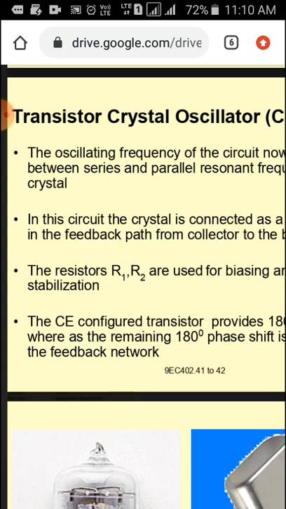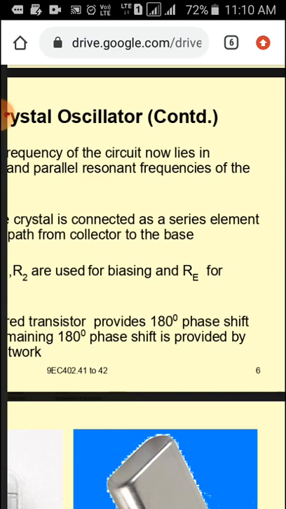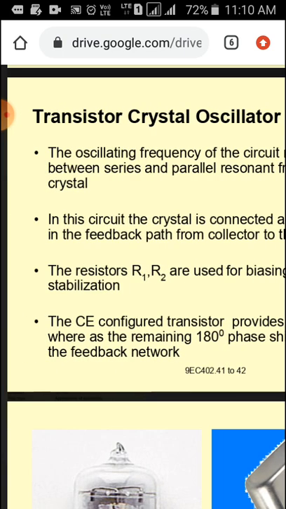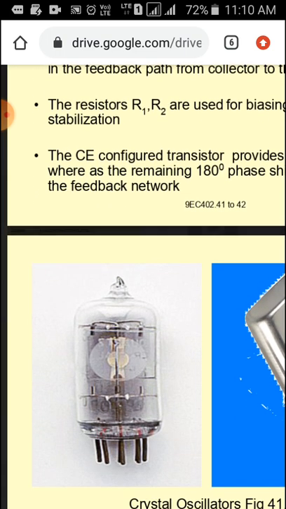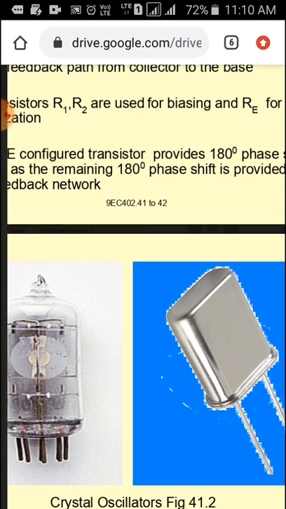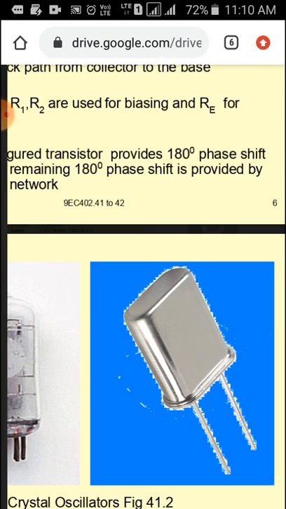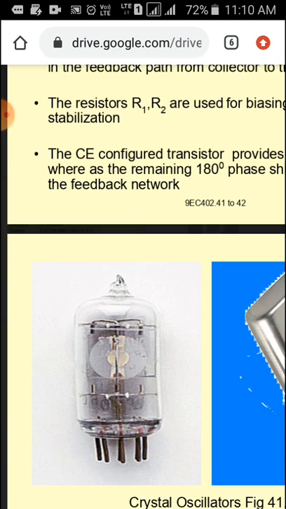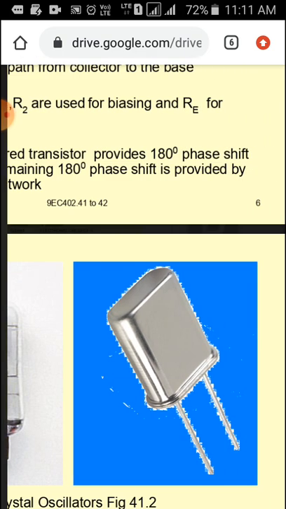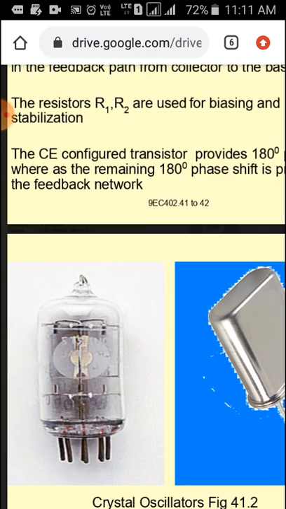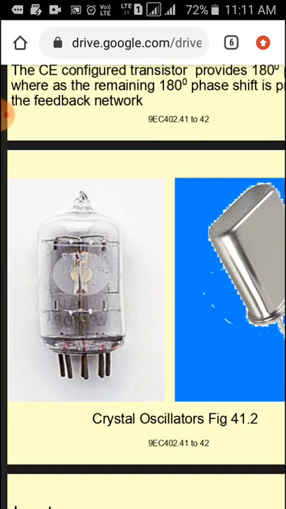The resistors R1 and R2 are used for biasing and RE for stabilization. The CE configured transistor provides a 180-degree phase shift, whereas the remaining 180-degree phase shift is provided by the feedback network.